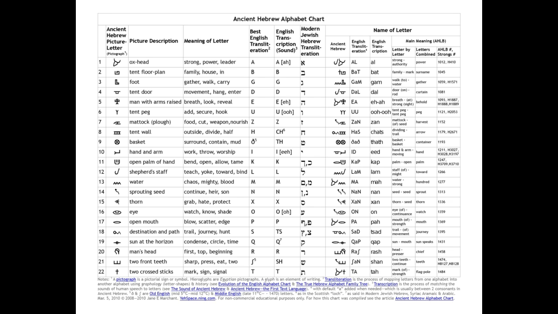Does that mean that Paleo-Hebrew is the original language? Because an old language or Paleo-Hebrew might not necessarily be synonymous with the original tongue.